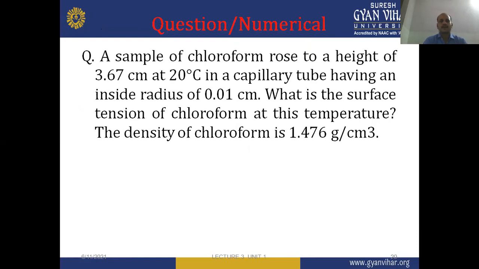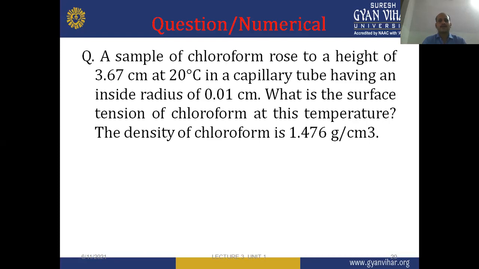So try to solve this numerical first. A sample of chloroform rose to a height of 3.67 centimeter at 20 degrees centigrade in a capillary tube having an inside radius of 0.01 centimeter. Now, what is the surface tension of chloroform at this temperature?